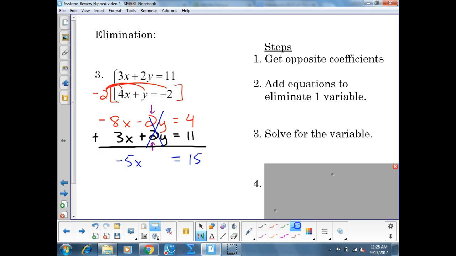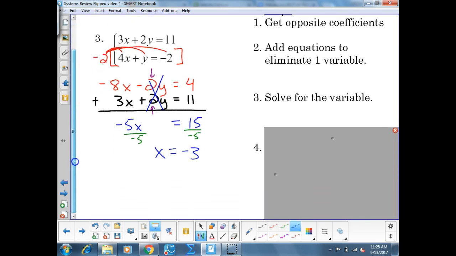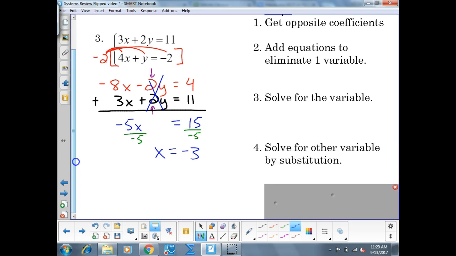Then what I'm going to do with that is I'm going to solve for that variable. I'm going to divide both sides by negative 5. And that's going to give me x here is equal to negative 3. Now, just like with substitution, now I'm going to solve the other variable for that one.